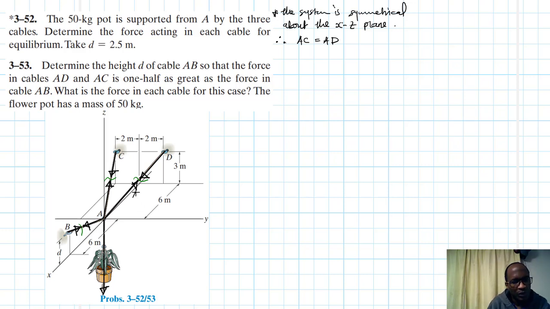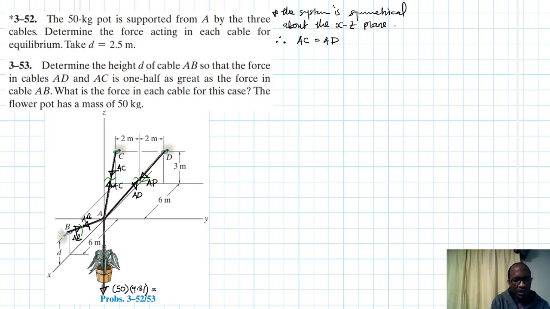This is AD. This is AD as well. This is AC. This is AC as well. This is AB. This is AB as well. This is the weight, and this weighs 50 kg. I mean, this pot has a mass of 50 kg, you need to convert it to the weight, so multiply it by the acceleration due to gravity, 9.81.